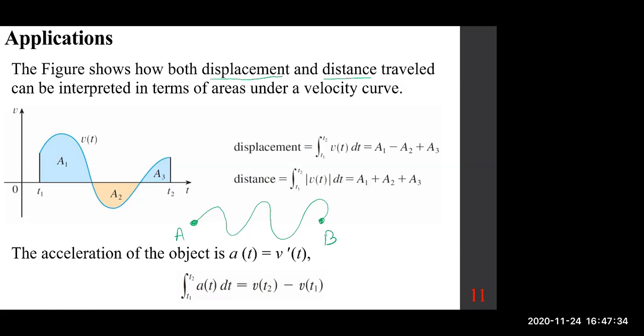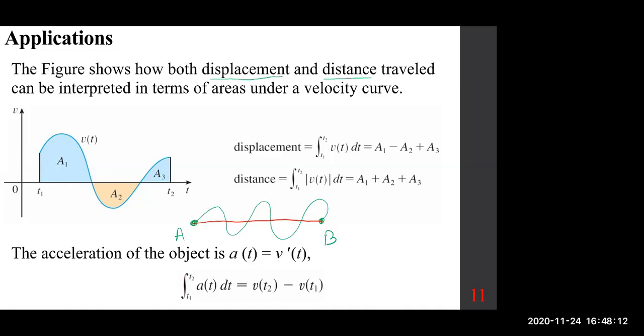So if you're driving, class, and you cover 700 miles to go from point A to point B, that is the distance that you have covered. However, if there was a straight line from A to B that was, let's say, 400 miles, that would be your displacement. So I hope you see the difference between the two. Distance versus displacement.